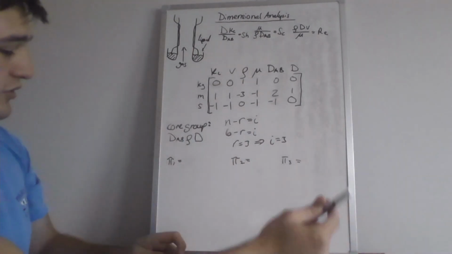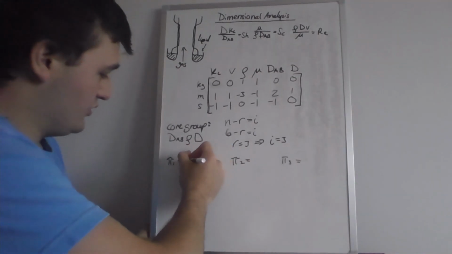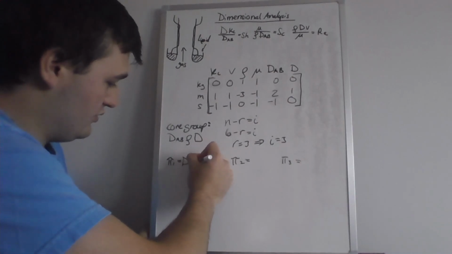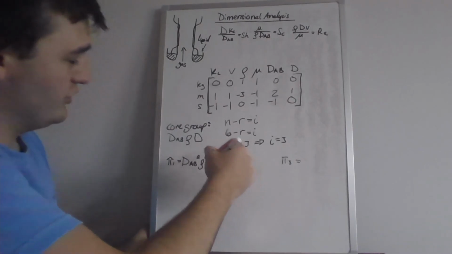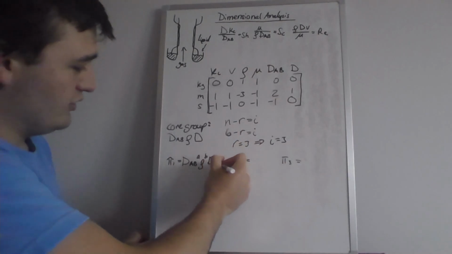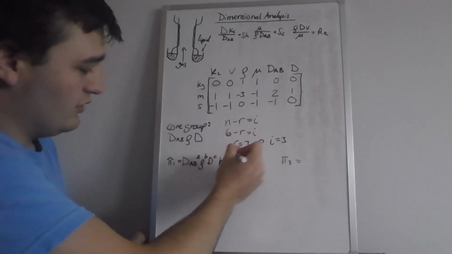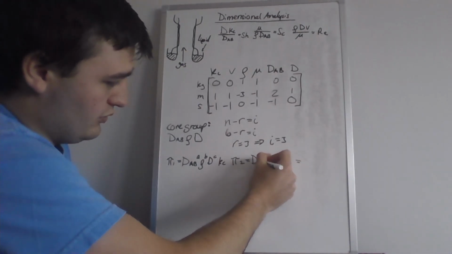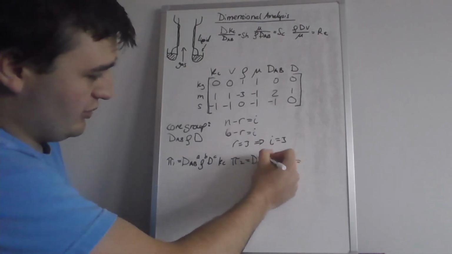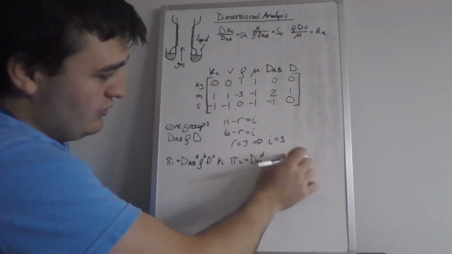So we'll say that pi1 is DAB raised to some power A, density raised to some power B, characteristic length to some power C, and we're going to start with KC. And then similarly, we're going to keep the same core group, but now it's with the next variable to some power D. I don't think I'll be able to fit all 3 of these in here.